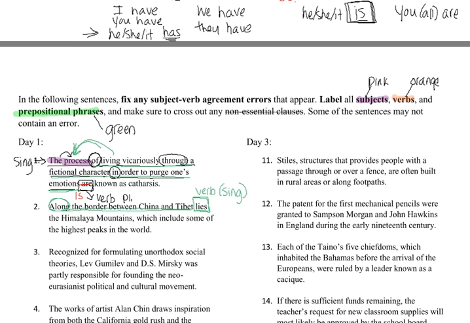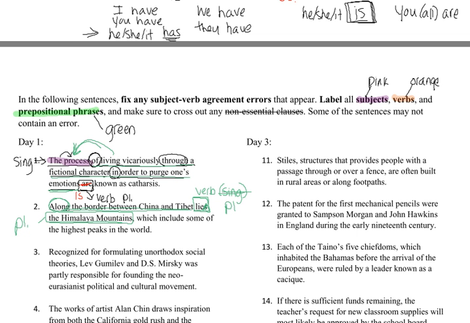So what lies along the border between China and Tibet? The Himalaya mountains. So is the mountains singular or plural? Well, in this case, mountains is plural. So the mountains lies? No. We need to change the verb to make it plural. So the mountains lie along the border between China and Tibet.